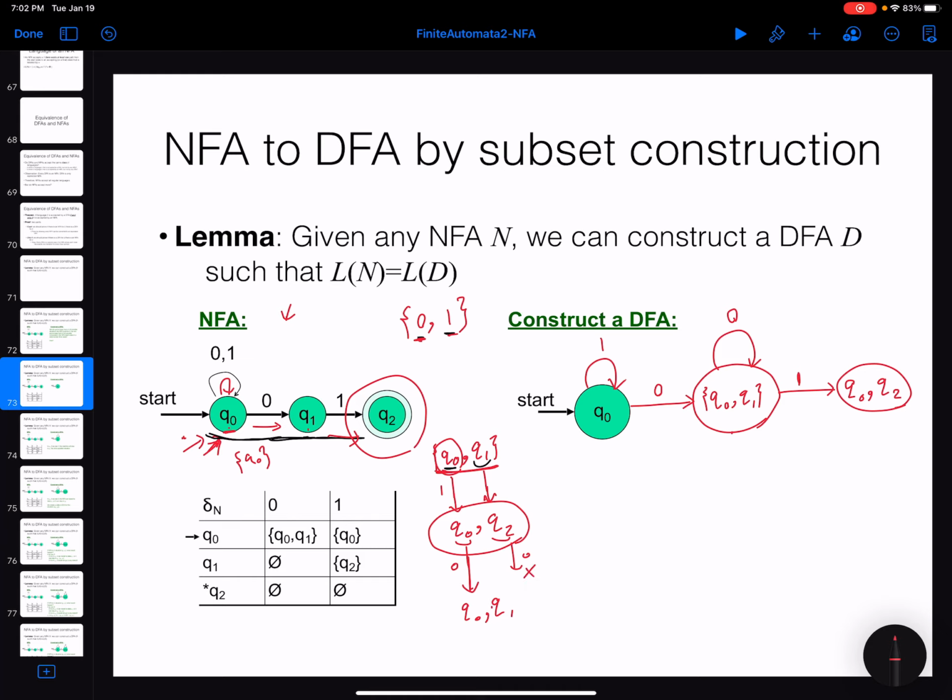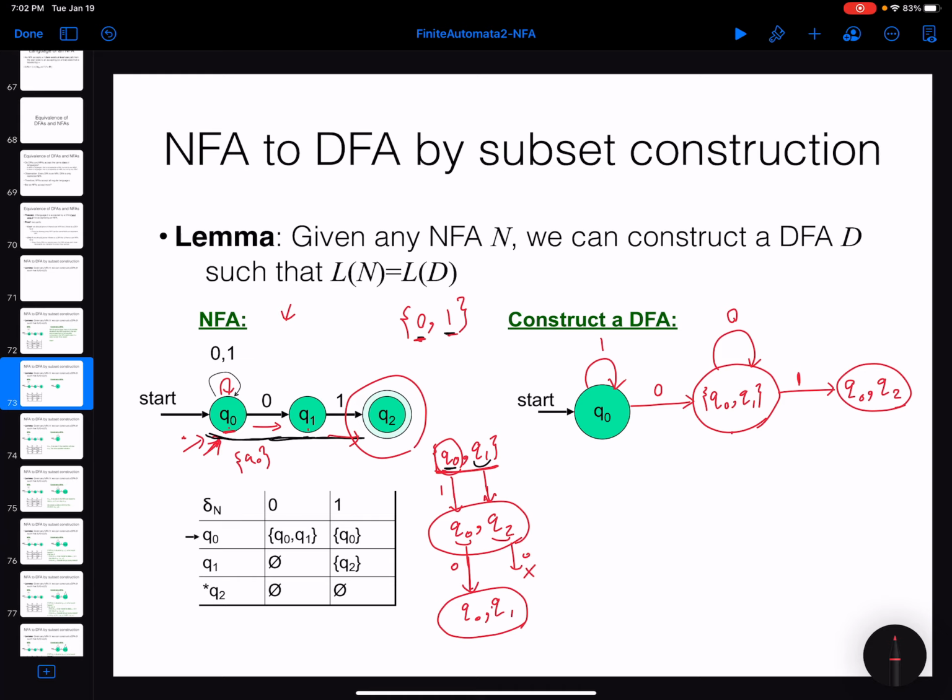So the only thing that you have here is two possibilities. If you are at Q0 or Q2 and you see a 0, in the next step you can be either at Q0 or Q1. Q2 is not going to move you anywhere, but Q0 can move you to Q0 or Q1. So we are done with the full transition here.